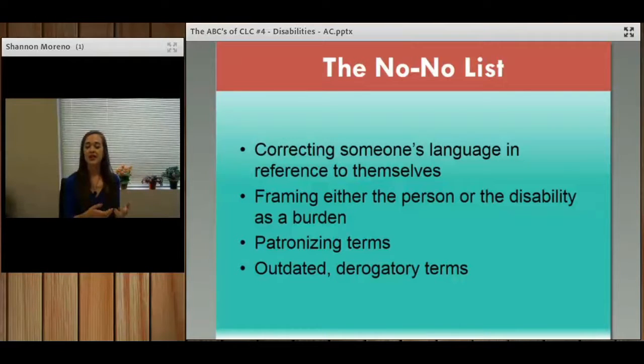There may be the sensation of using patronizing terms to describe the child to almost, quote unquote, normalize the situation, like, no, your child's not handicapped, they're handy-capable, like, yay, type of thing.